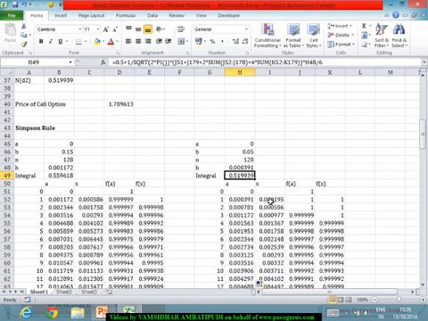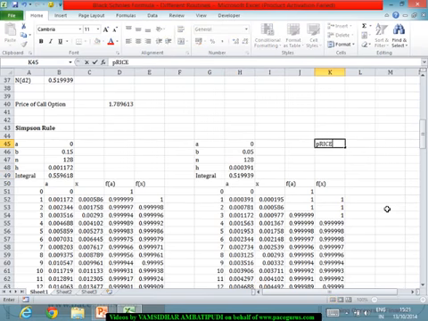And here I am seeing that N of d2 is 0.519939.